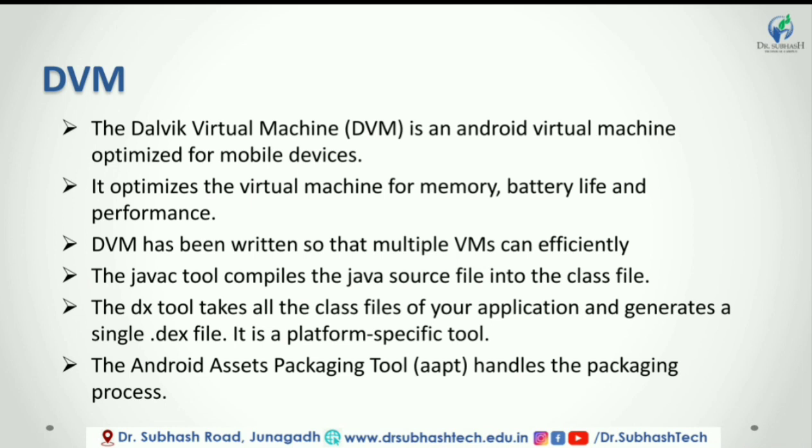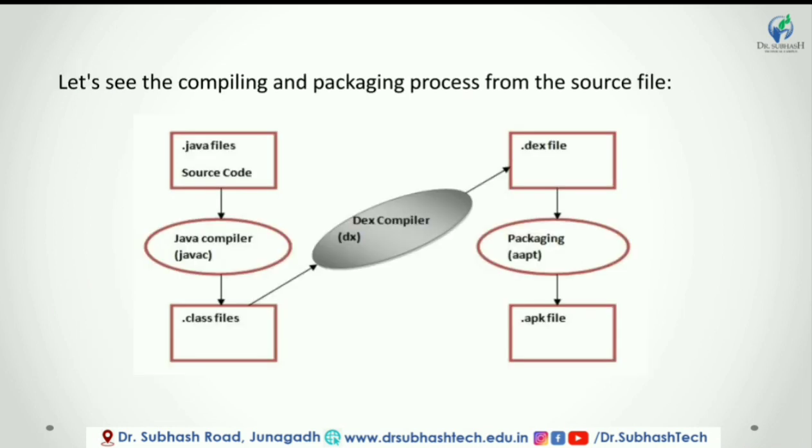The javac tool compiles the Java source file into class files, and DX tool take all the class file of the application and generate a single .dex file. It is a platform specific tool, and Android asset packaging tool handles the packaging process. Now we see the compiling and packaging process from the source file.